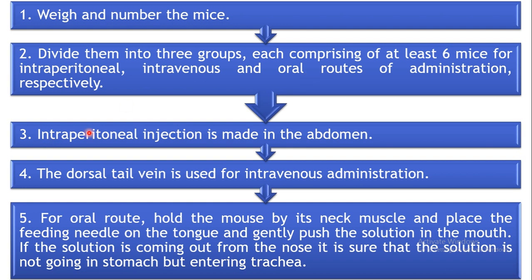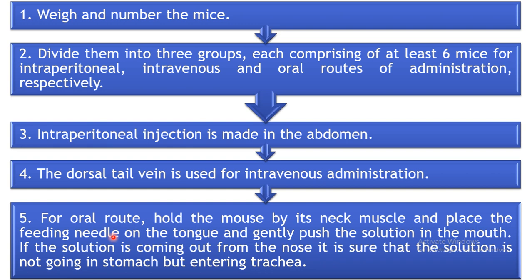For intraperitoneal injection, it is made in the abdominal region, under the loose skin. In case of intravenous administration, the dorsal tail vein is utilized to inject your drug. And for the oral route, obviously feeding needles are available, so your drug is administered to the animal with the help of an appropriate feeding needle.